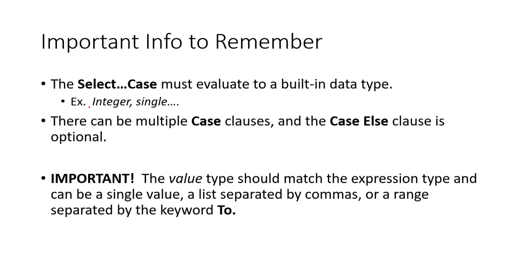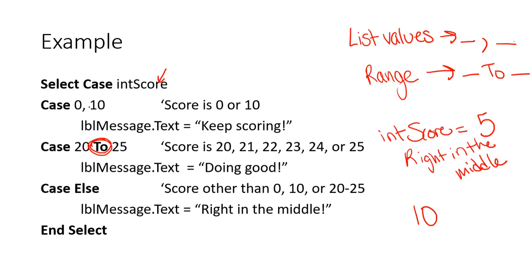And then another very important piece of information is those values that we have, like that 0 and that 10, they must match the expression type that you have for a value. So these values right here must match whatever this could be. So like I can't have case of "Monday" in quotation marks.